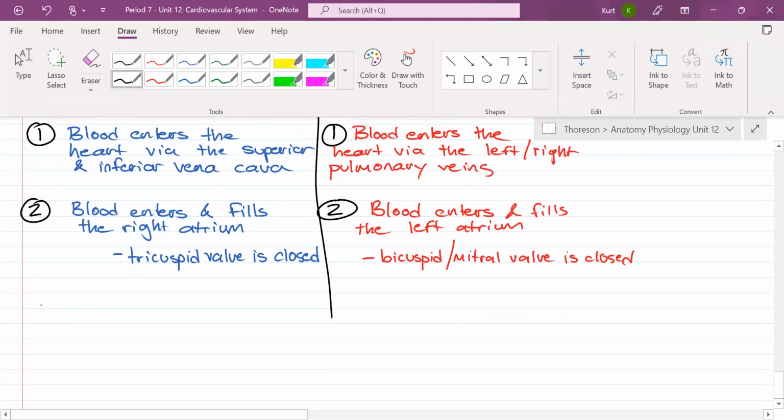Now we get to your first contraction. Think about the order. Are we going to do the lub or the dub? Is that the weaker one or the stronger one? Weaker one. Very good. So you're going to have your first contraction.